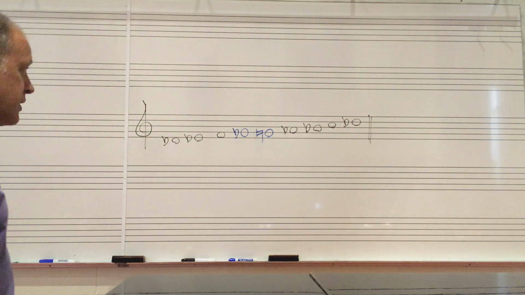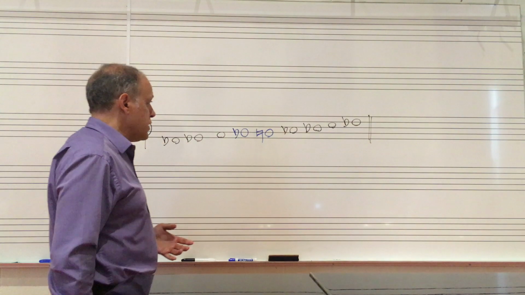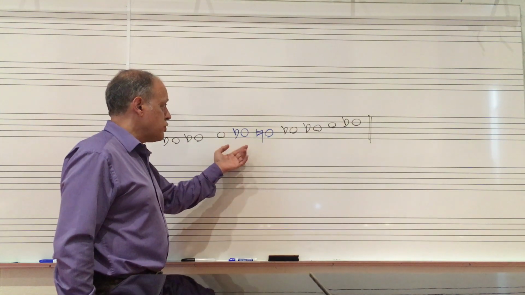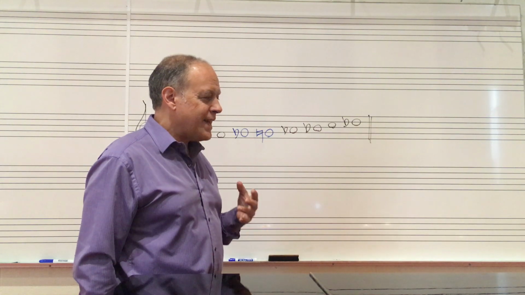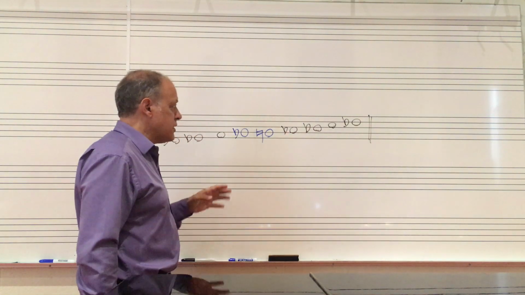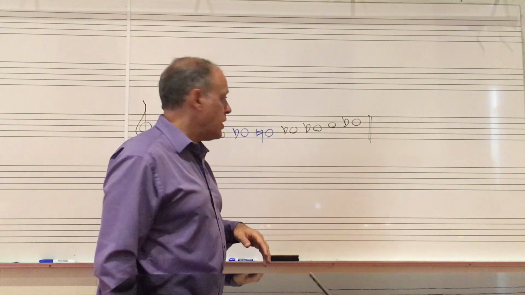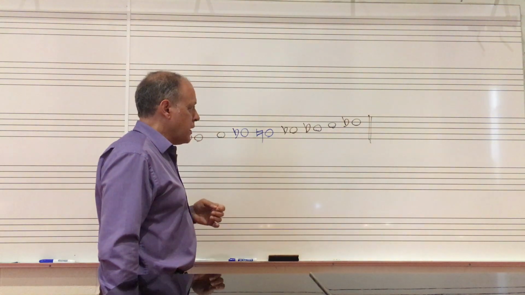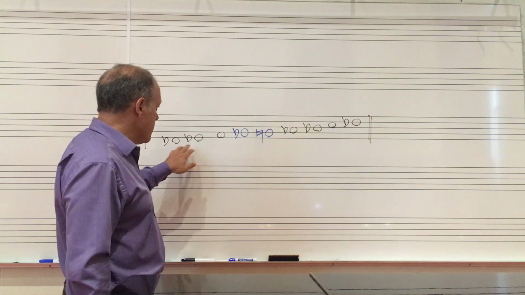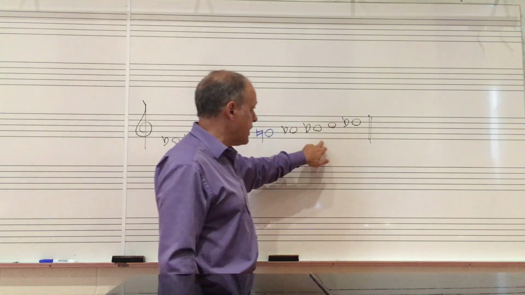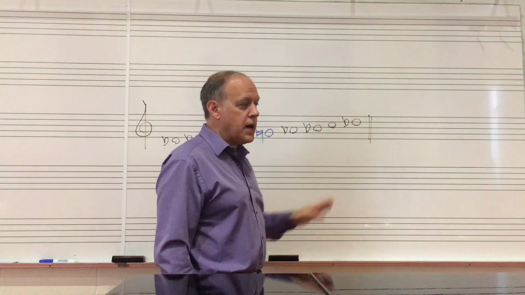Now, in fact, if you were to listen to the full improvisation, you would be hearing G naturals played just as often as G flats. So I can't actually decide that this is a heptatonic mode with a chromaticism that's being introduced. This is actually, in fact, an octatonic mode. 1, 2, 3, 4, 5, 6, 7, 8. And then we repeat the pattern again.